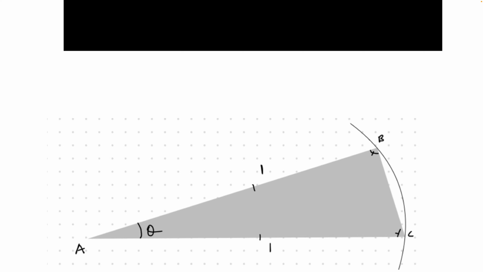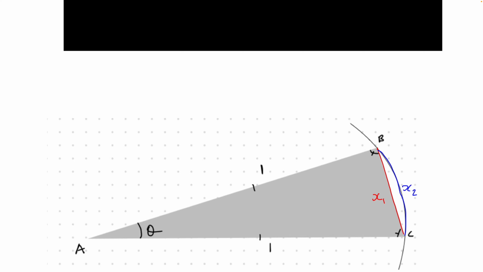We can already say that let's find this straight line BC, which we'll call x. And we'll also find this arc length BC, which is also x, but we'll call it x2, and the original one, the straight line, x1.